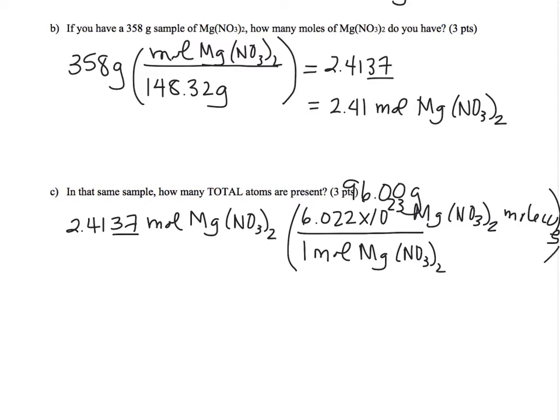It's kind of messy, but you've got the gist. And so this is going to allow us to cancel out moles of magnesium nitrate. Now we've got molecules of magnesium nitrate.